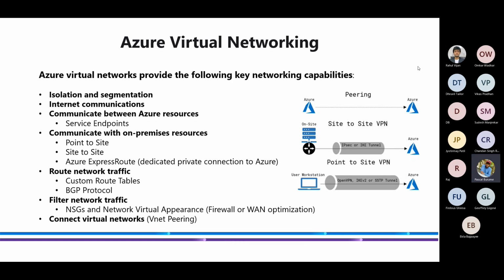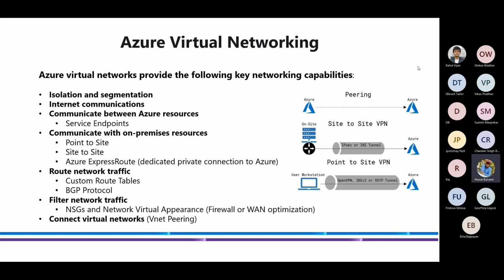So, if, for example, you are deploying your resources in Azure, first you will create your resource group, and you need to create your virtual network. This virtual network will allow all resources in your resource group to communicate within this virtual network.